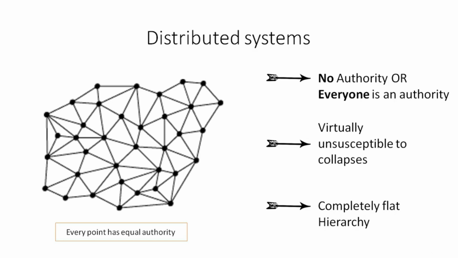Every point of authority is equal to one another, and every person, every participant in the system is a point of authority. So, everyone is equal to everyone, and thus this brings about a flat hierarchy. Now, what are the benefits of the system? The biggest benefit that distributed systems introduce is that it removes the need for intermediaries.